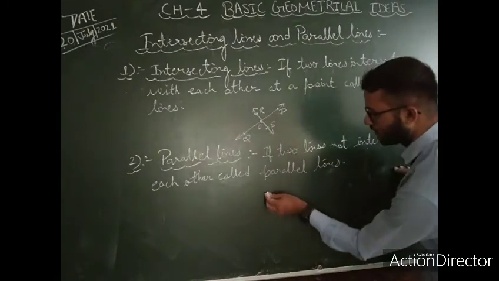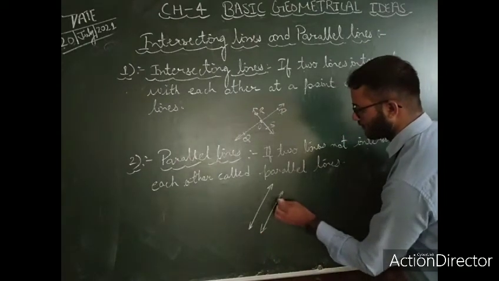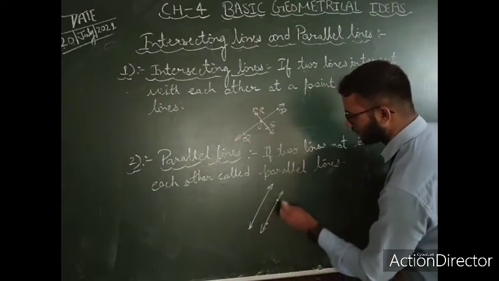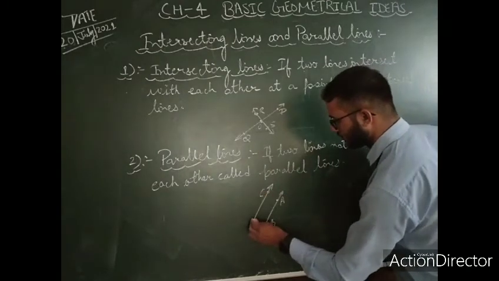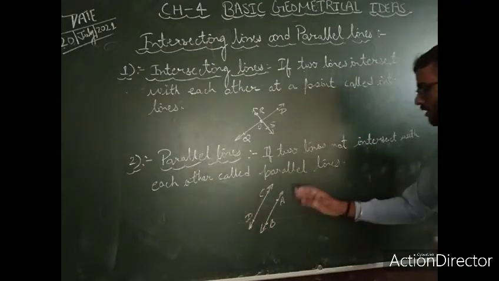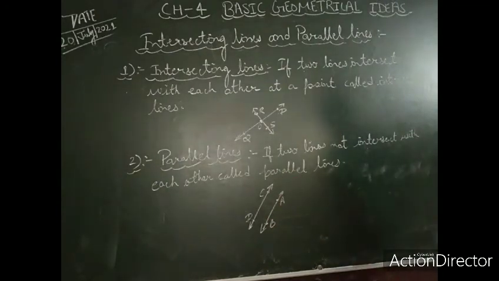So here we take two lines and give the name of these two lines A, B, C, D. Line AB and line CD are parallel with each other.